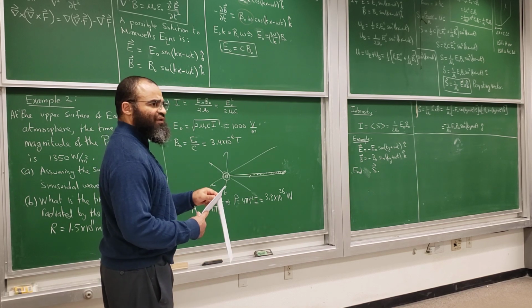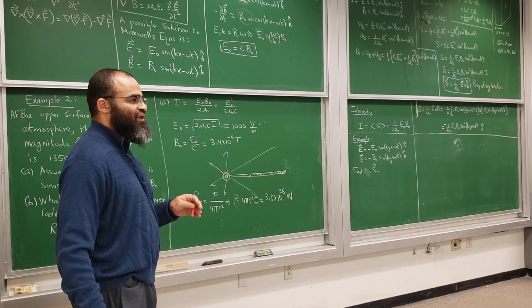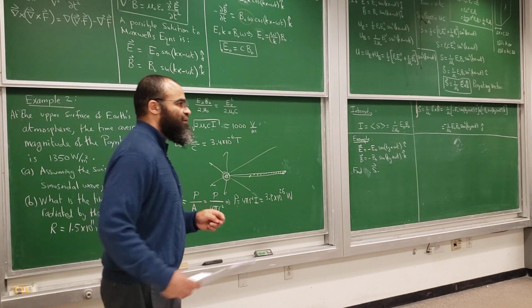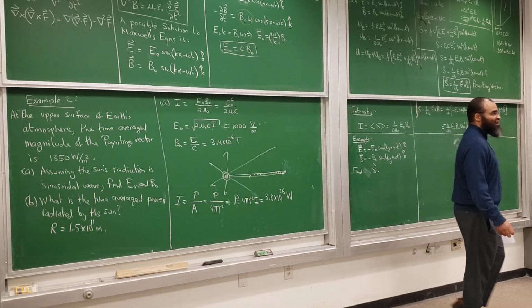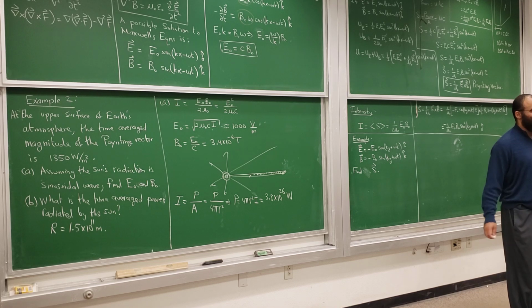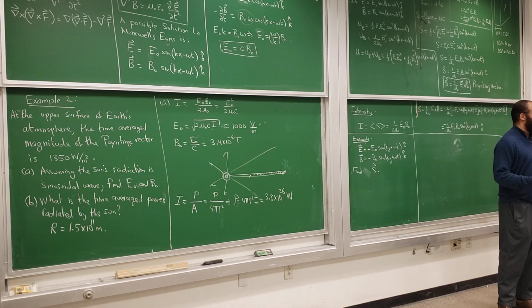There is only one little topic left, and I'm going to discuss that, and it's the radiation pressure. We will state without proving that the energy carried by electromagnetic wave is related to the momentum.